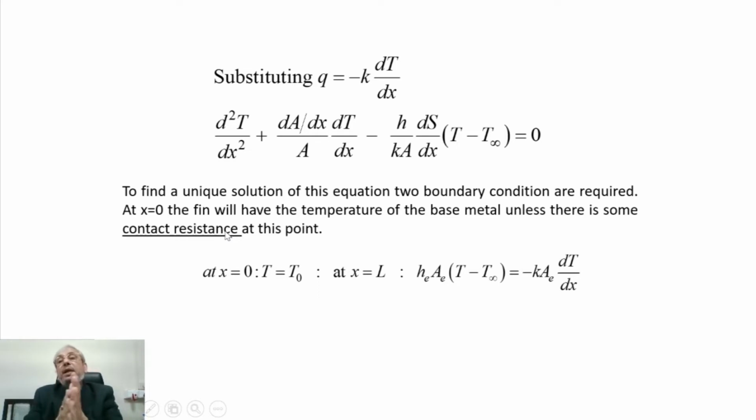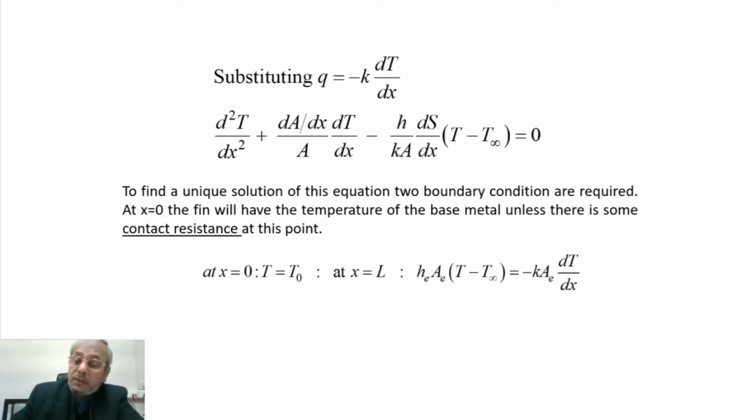If the way the fin is attached is not continuous or not smooth, if it doesn't form a homogeneous isotropic extension, then obviously there will be some contact resistance. But we are ignoring that situation here.